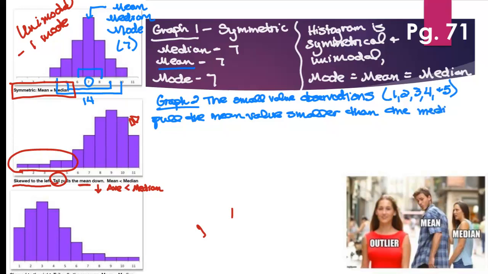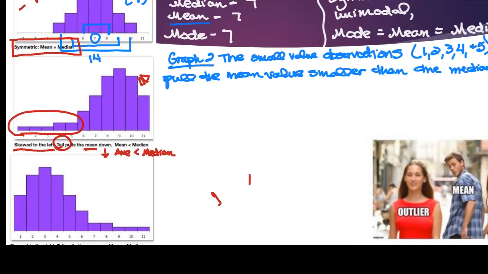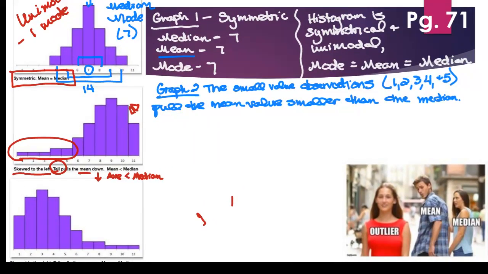Because when it was symmetric, they were the same, right? But now you've got these extras over here, and that's like pulling your mean down to be smaller.